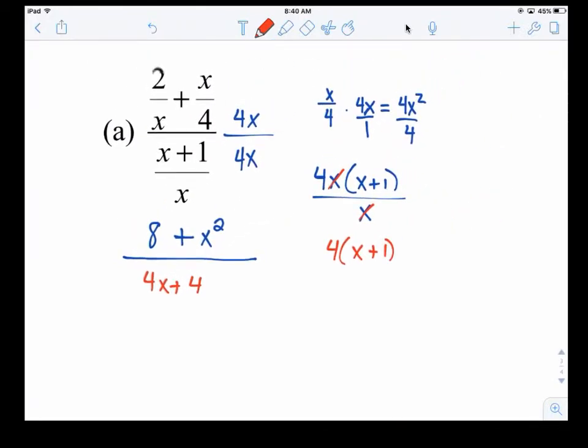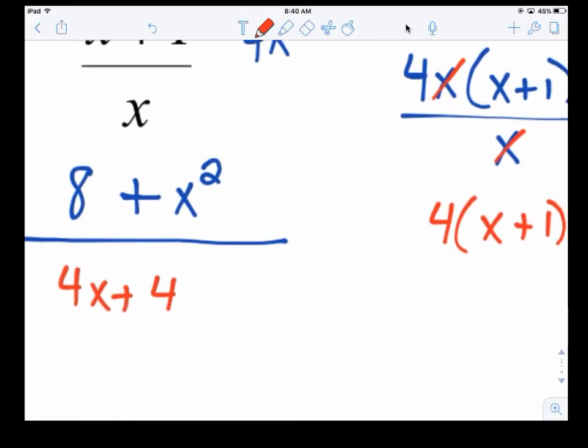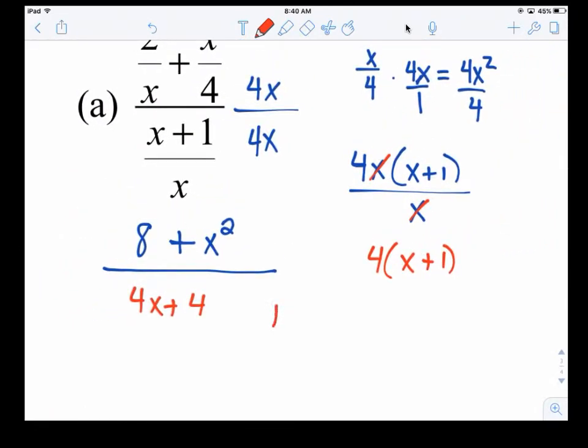All right, so what would x not be able to equal? 0, from the original. And -1. If you plug in, right here and here.